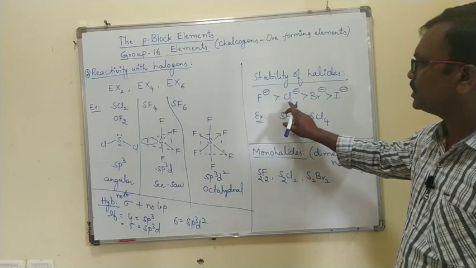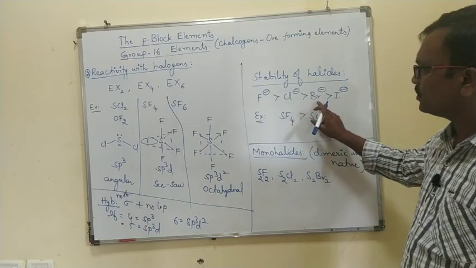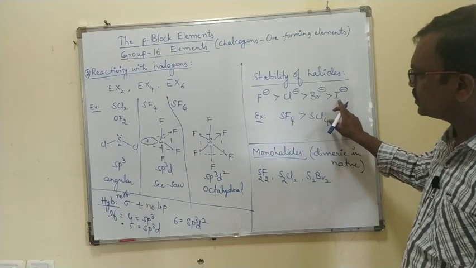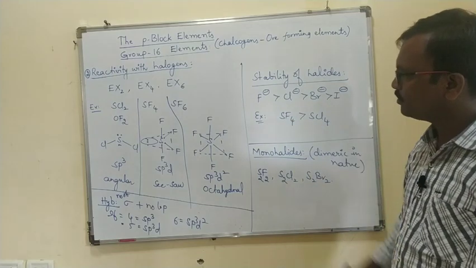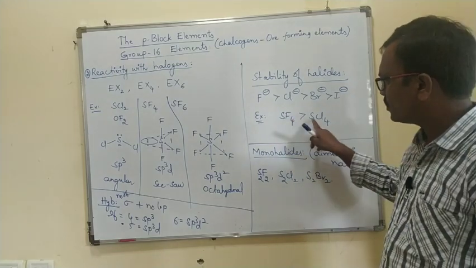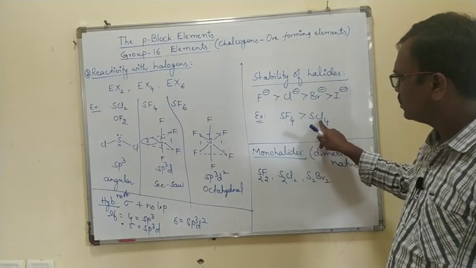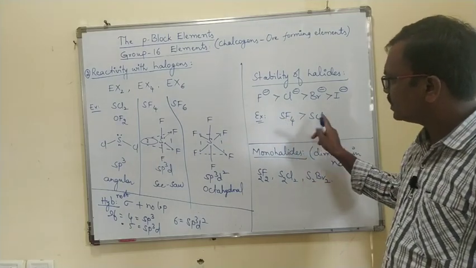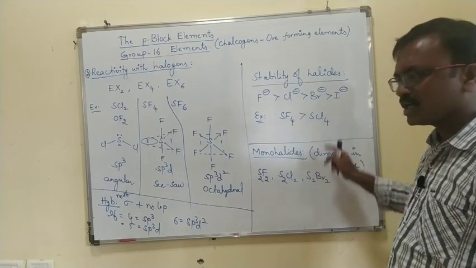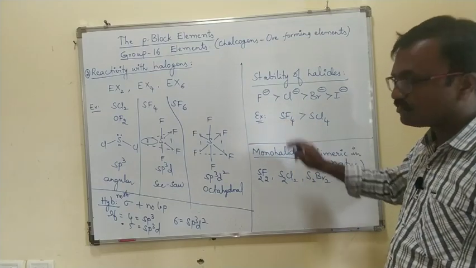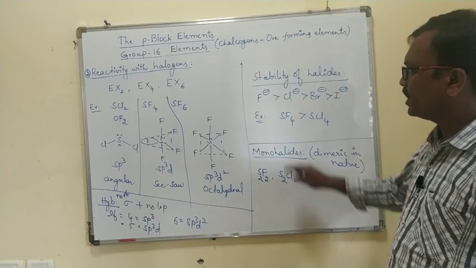fluorides are more stable than chlorides, more stable than bromides, more stable than iodides. Suppose for example you take SF4 and SCl4, one belongs to fluorine, the other belongs to chlorine. In which one, SF4 or SCl4, is more stable? That means SF4 is the more stable one, right?